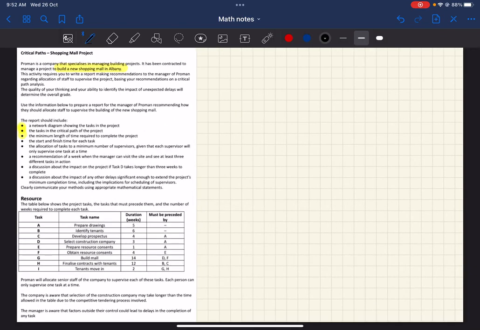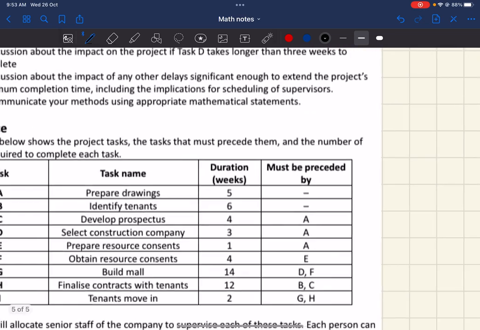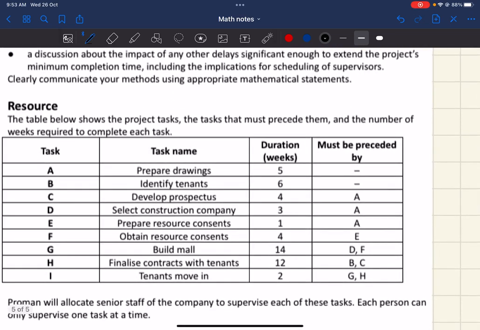Okay, so let's start this. We need to make a network diagram showing the tasks in the project. So we start with the ones that don't have anything before them. This one and this one don't have any before them. So that's A and B, and that takes 5 weeks and 6 weeks.